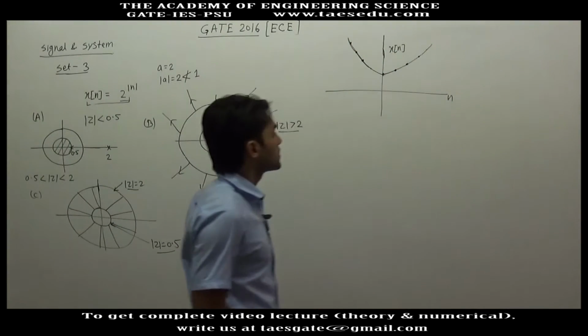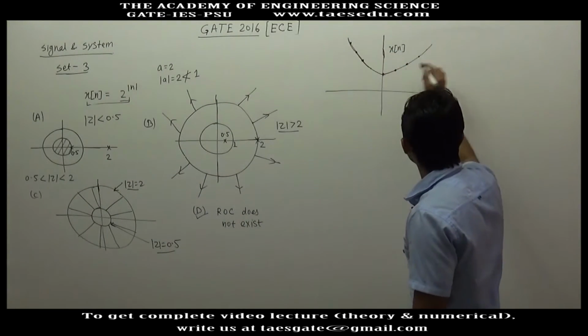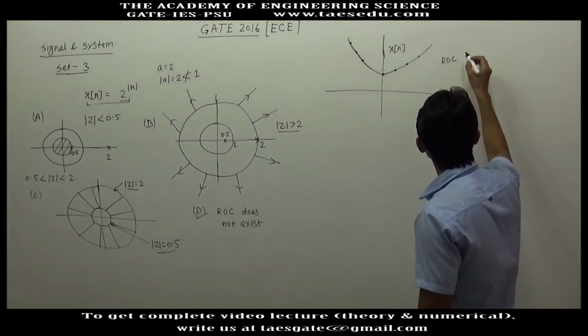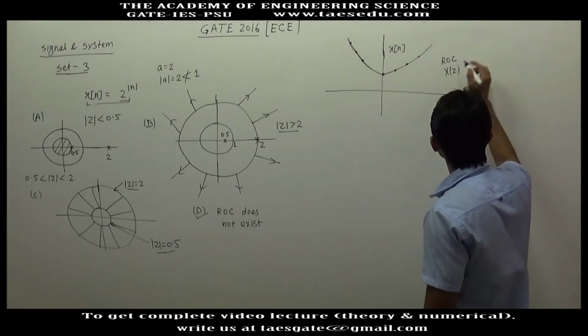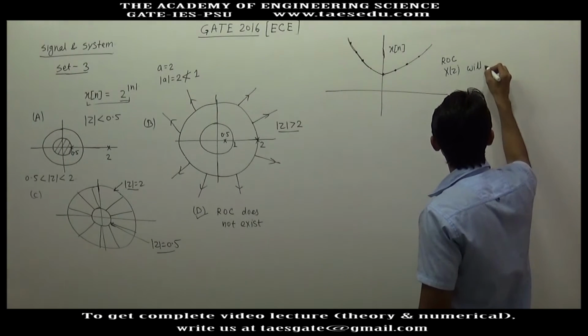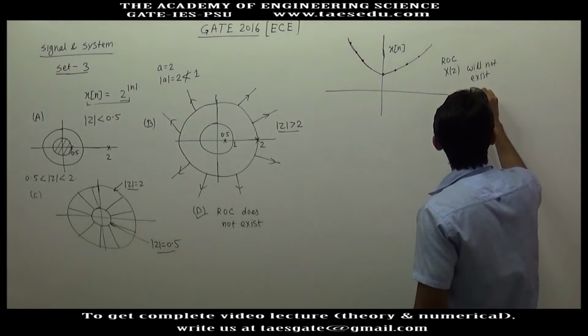So if a signal is increasing and going to infinity on both sides, the Z transform for this type of signal will not exist, or there will be no ROC.